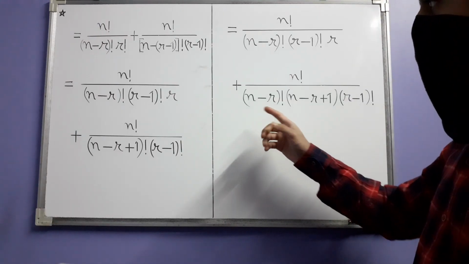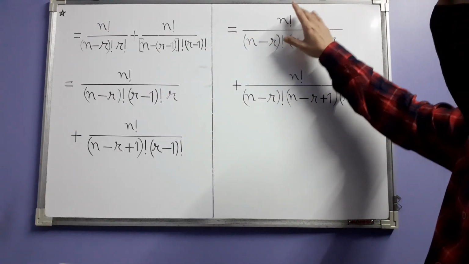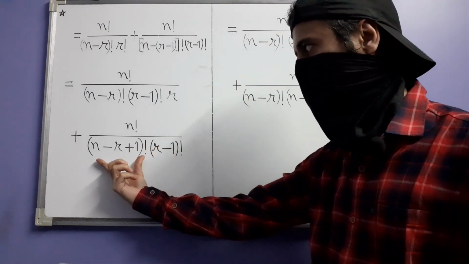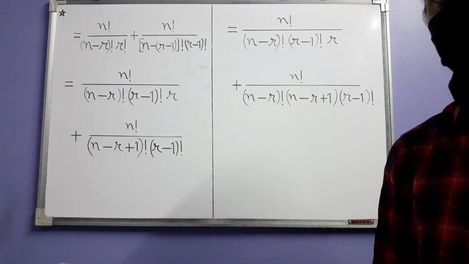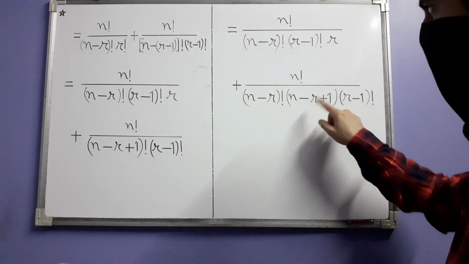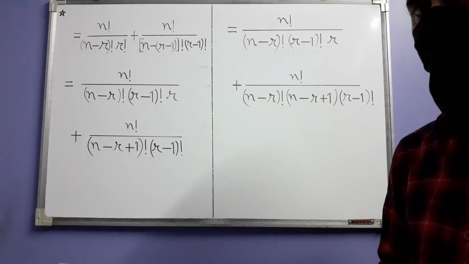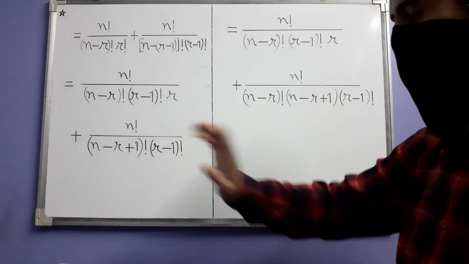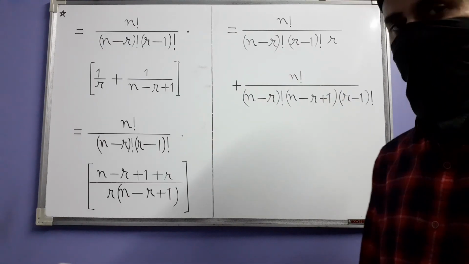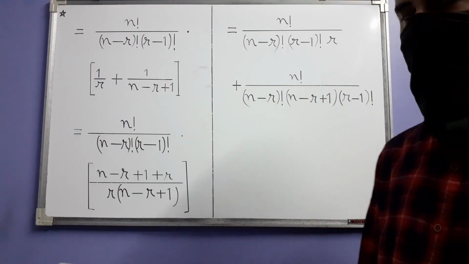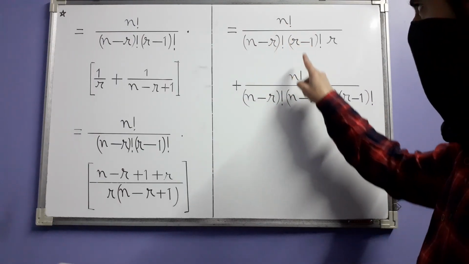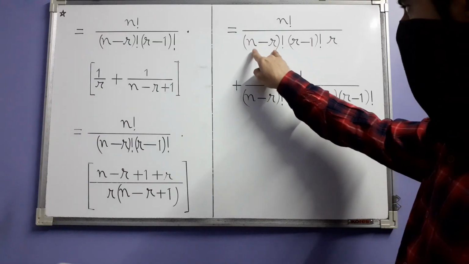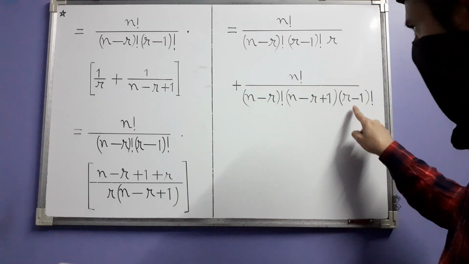We don't change the other things, but now we will change more. Then in the next step, we keep this term as it is and change the second term. In the second term, we have this in the denominator, (n minus r plus 1) factorial. In its place, we write (n minus r plus 1) times (n minus r) factorial, because that's how factorials work. And the other two things we keep as they are. Then you notice that there are common terms. n factorial is present in both the terms of this sum. (n minus r) factorial is there and (r minus 1) factorial is there.